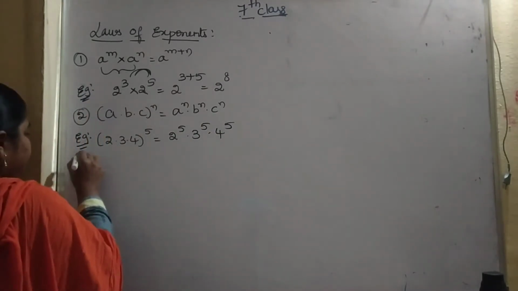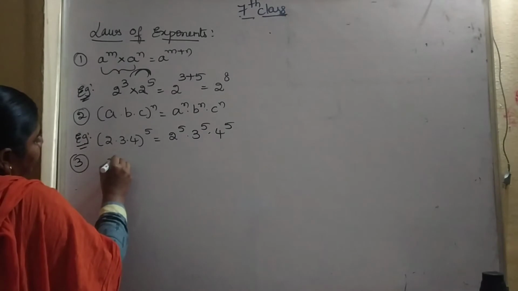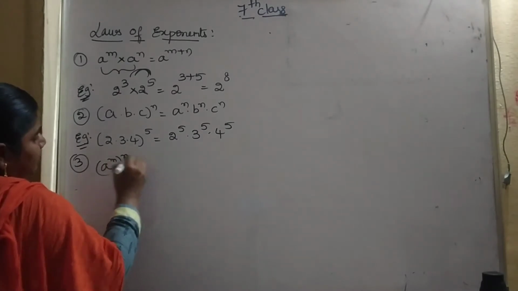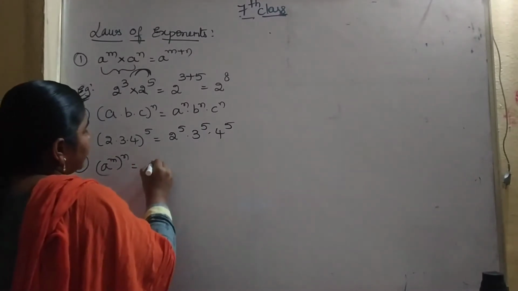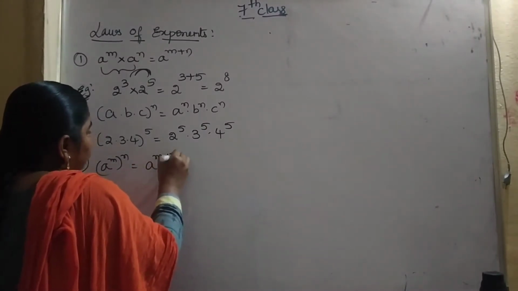Next is (a power m) whole power n is equal to, we have to multiply the powers, that is a power m into n.